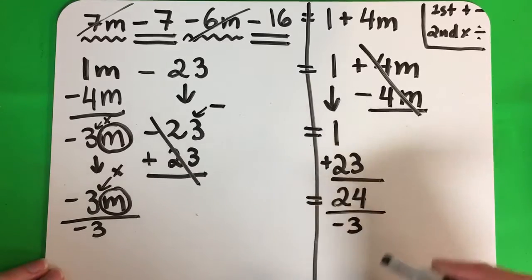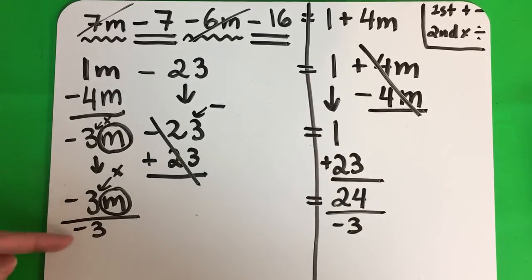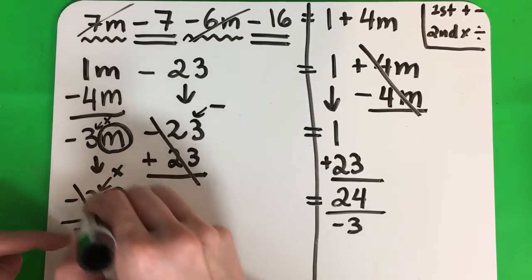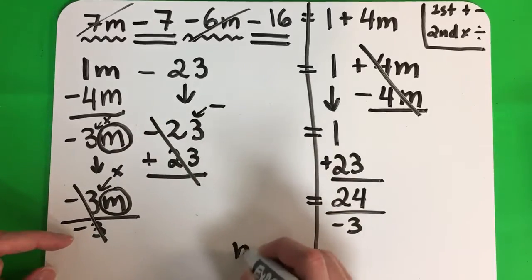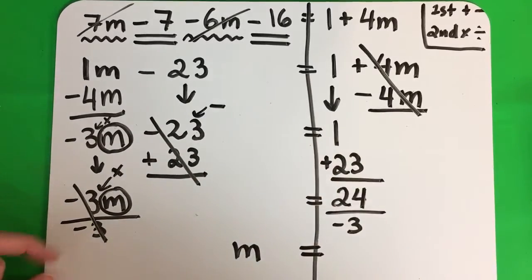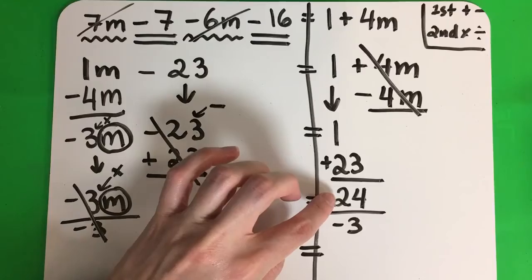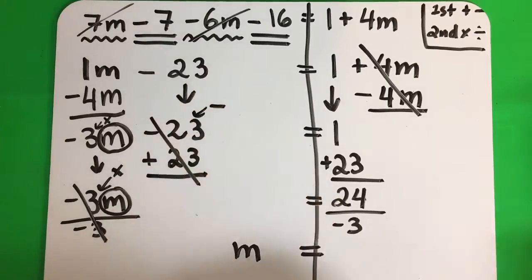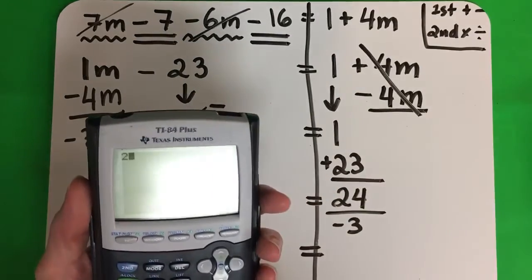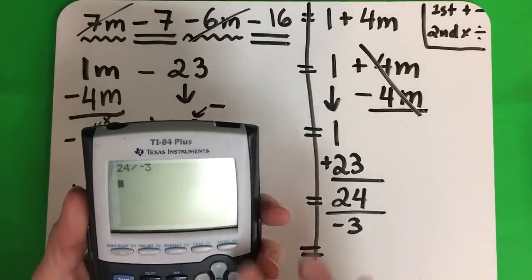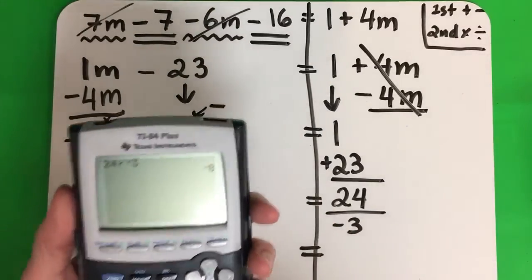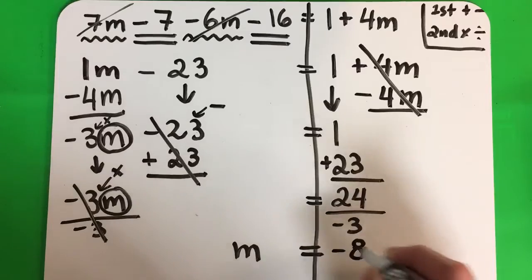Divide -3. -3 divided by -3 cancels. It's 1. -3 entre -3 es 1. Cancela. Copy M equals 24 divided by -3. Lo siento, 24 entre -3. So 24 divided by -3 is -8. There's your answer.